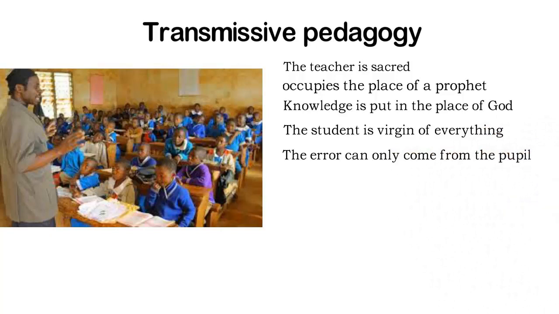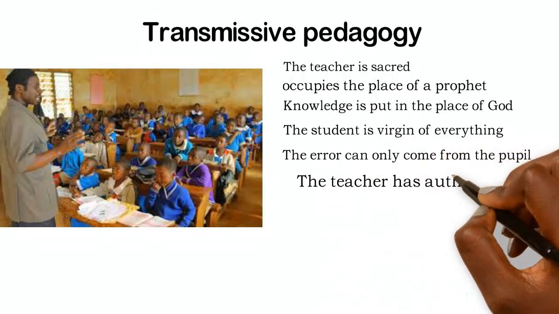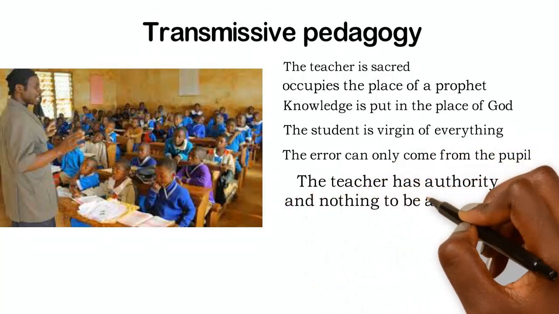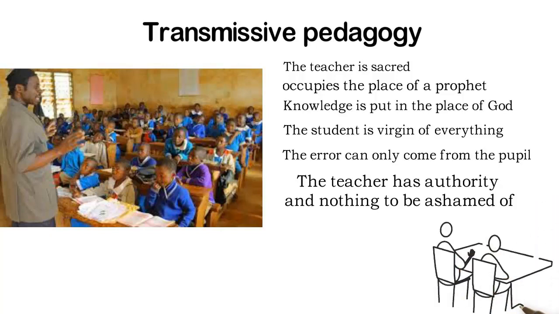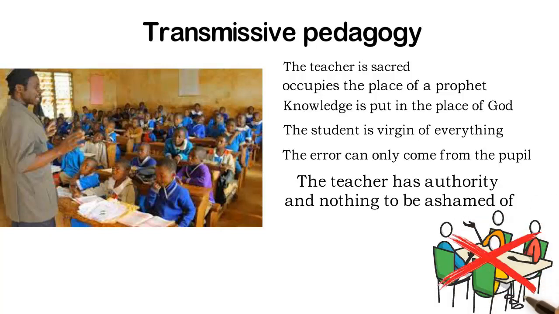If there is a fault, there must be a sanction. The one who knows, that is the teacher, has authority and nothing to be ashamed of. It is the model of the preceptor. There is no interaction between students.